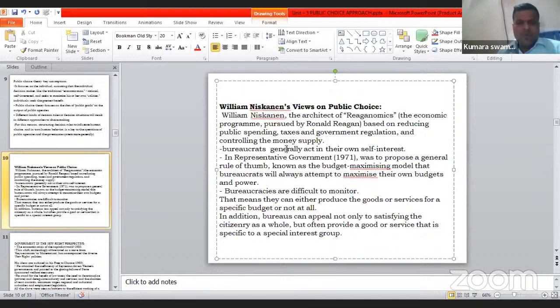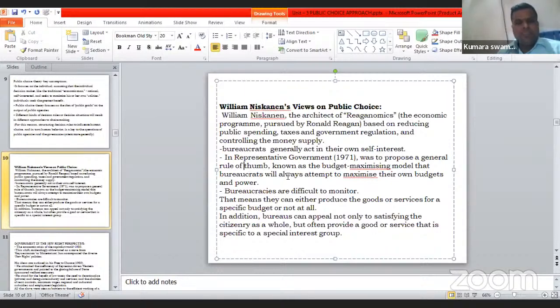This is the view on the public choice approach expressed by Niskanen. He says that bureaucrats generally act in their own self-interest. Niskanen expressed his views in his book Bureaucracy and Representative Government, published in 1971, which proposed the general rule and is known for the budget-maximizing model.